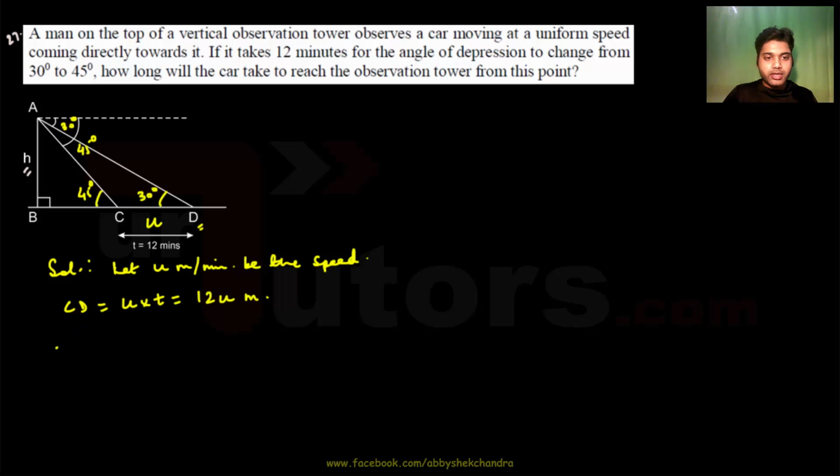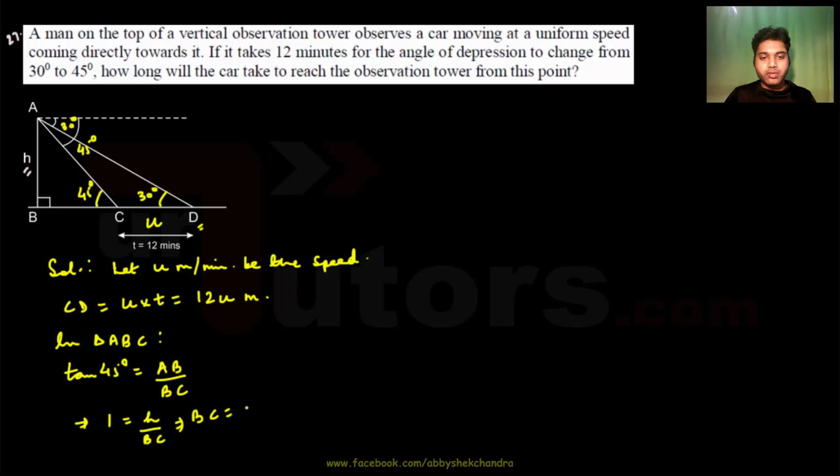Now in triangle ABC, tan 45 will be what? AB by BC, or tan 45 is 1, AB is H, BC we're going to keep as BC, so BC will be equal to H, right? Let's call it 1.